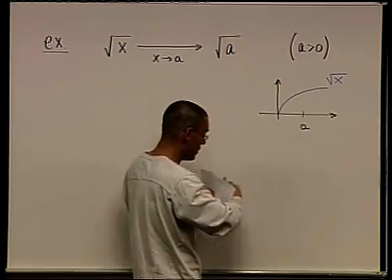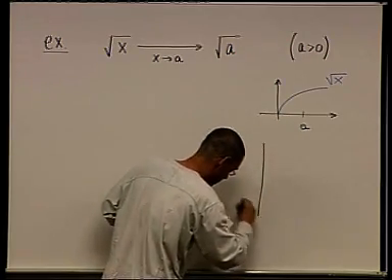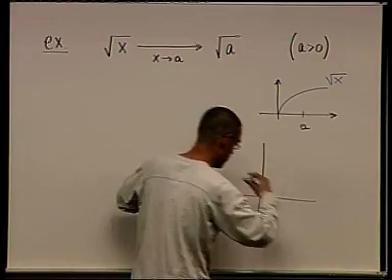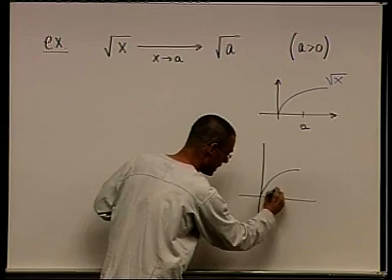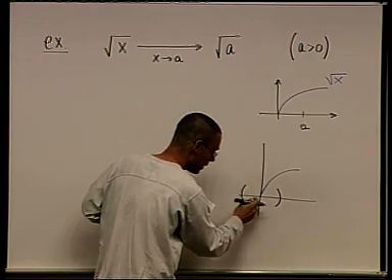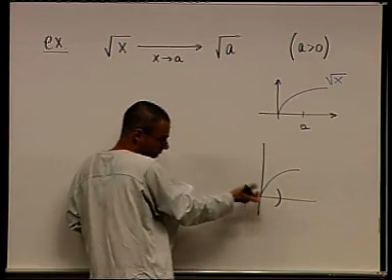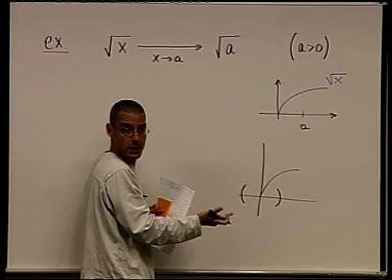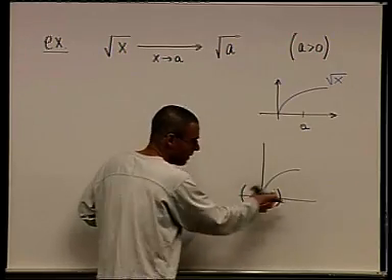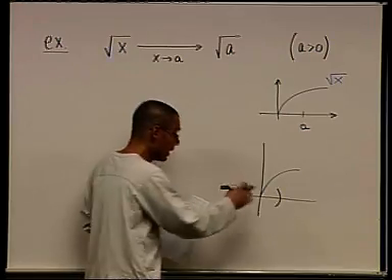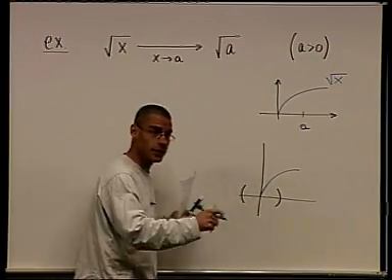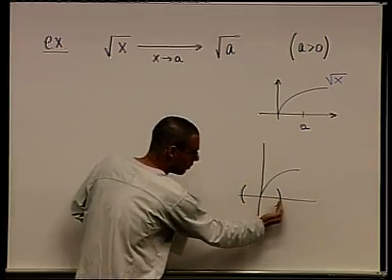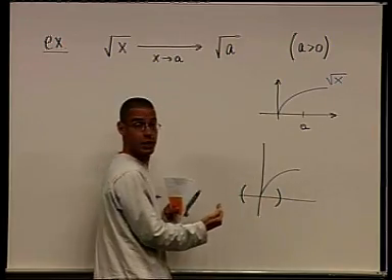Any neighborhood you take, if we zoom in on 0 here, any neighborhood we take here, on its left half, the function is not defined. Right? So we can't talk about a delta neighborhood of 0 because the function is not going to be defined here. What we can talk about is what happens when we approach 0 only from the right.